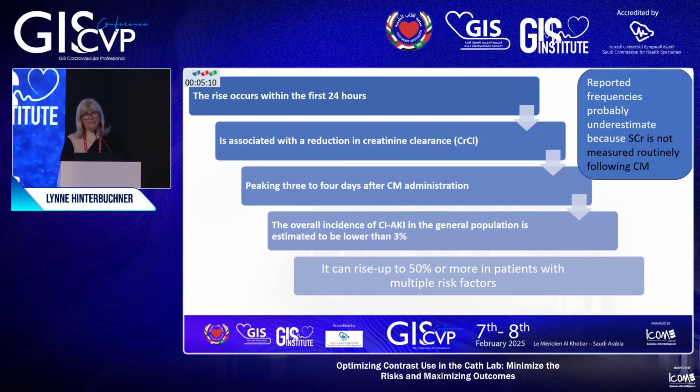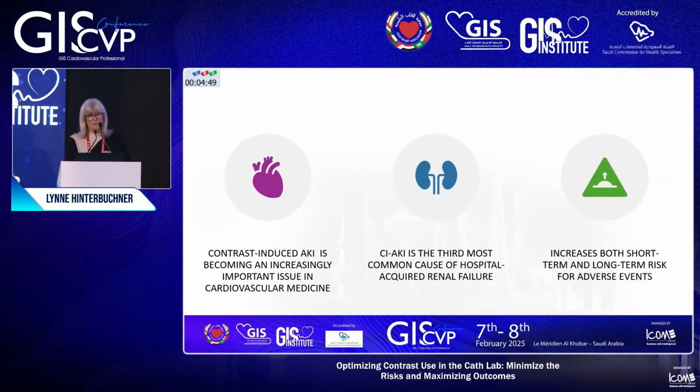The overall incidence of injury is 3% in the general population, but for those patients with multiple risk factors, it's up to 50%. So those patients that are high or medium risk, we may want to be thinking about monitoring their creatinine levels or filtration levels when they get home, maybe send them to a general practitioner, et cetera, to make sure they don't run into trouble.